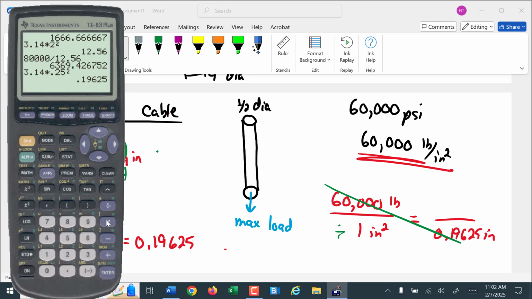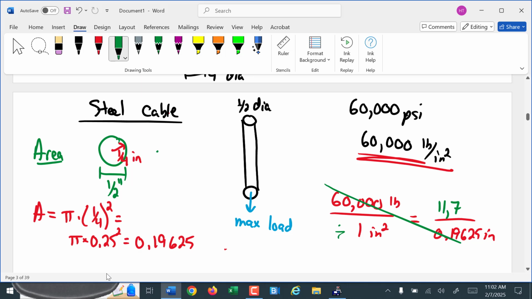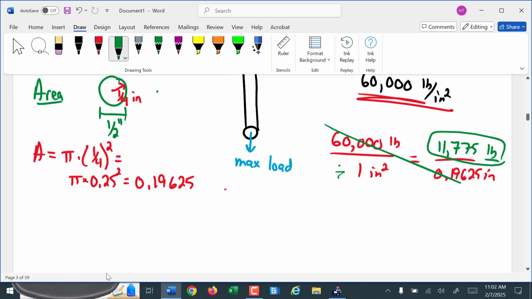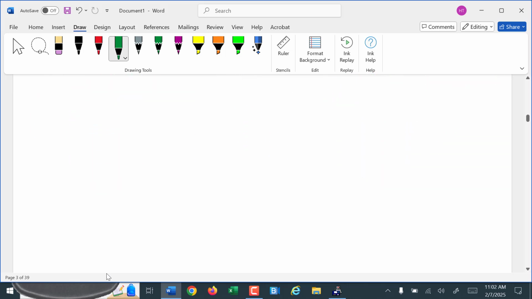So 0.19625 times 60,000 divided by 1, we get 11,775 pounds. Now you're probably going to be working with some safety margins where they're probably going to say never go over half a max load. They'll usually never go over 80% of max load at the very most, but there's your max load.